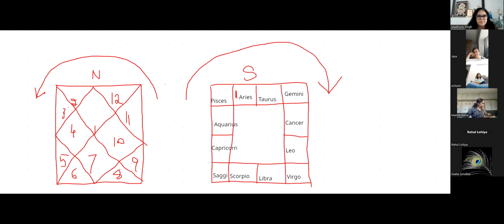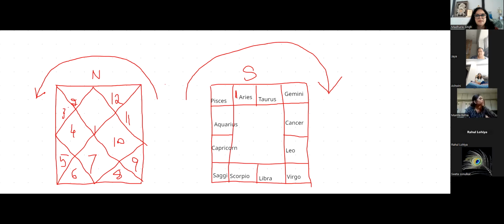First house is called Ascendant. Is there anybody who can tell me what is the meaning of Ascendant? Anybody knows? Or in Hindi, meaning of Lagan. So Lagan, if you remember, Lagan is used as a word for marriage also, right?